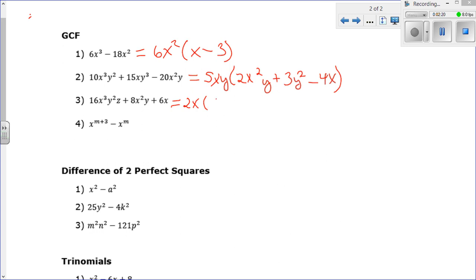I am left with 8x squared y squared z plus 4xy plus 3. If for any reason your GCF is one of your terms, you would put a 1 in its place when you end up dividing.